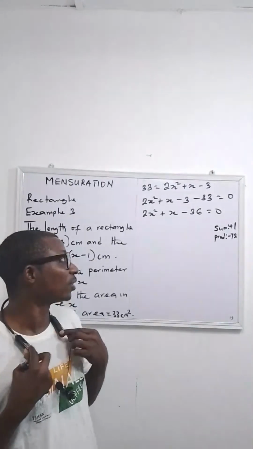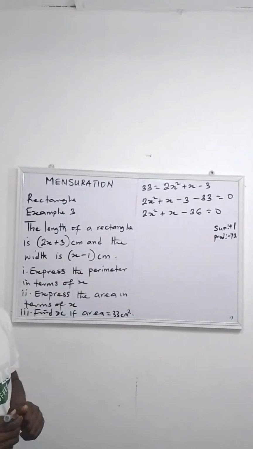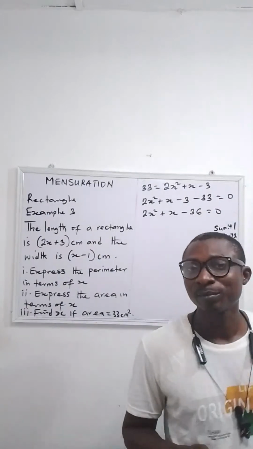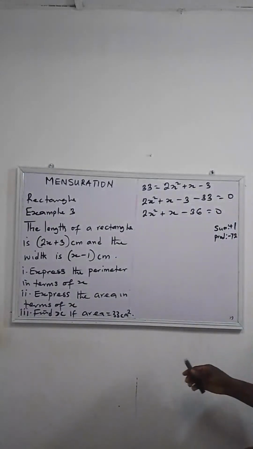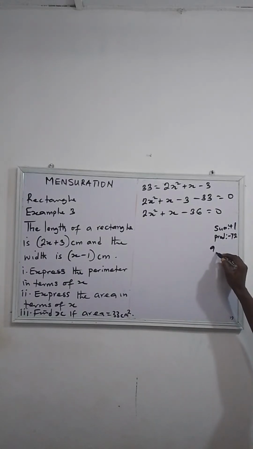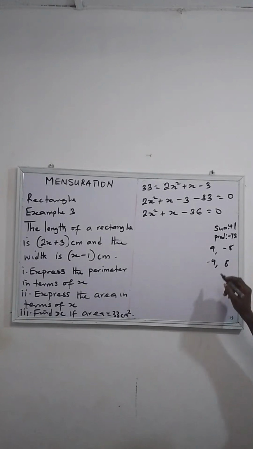So what are the two numbers? I want to believe you drop your answer there. So now let's begin to look at it. Is it 9 and negative 8? Is it negative 9 and 8?